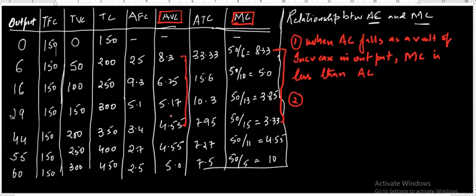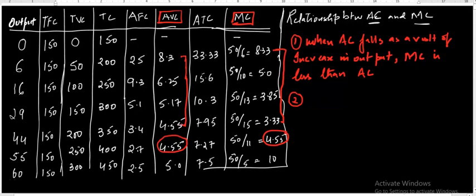Now if I talk about here, when the average cost is minimum, let me consider this case, when average cost is minimum 4.55, I can see here it is also equal to 4.55.